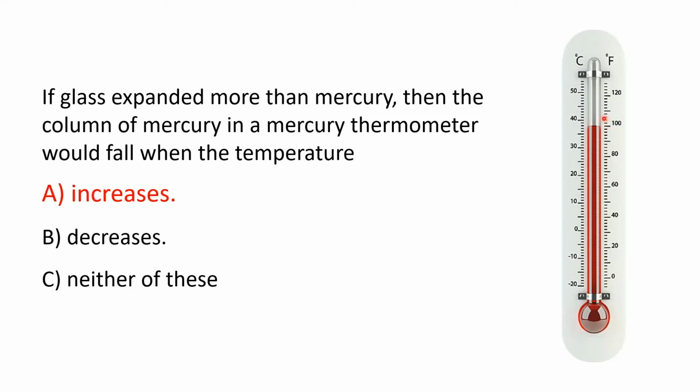So if you think about it, the glass is expanding more, now there's more volume for that liquid, which would actually lower it in the tube. So it's a good thing for these to work that the liquid inside expands more relative to the glass.